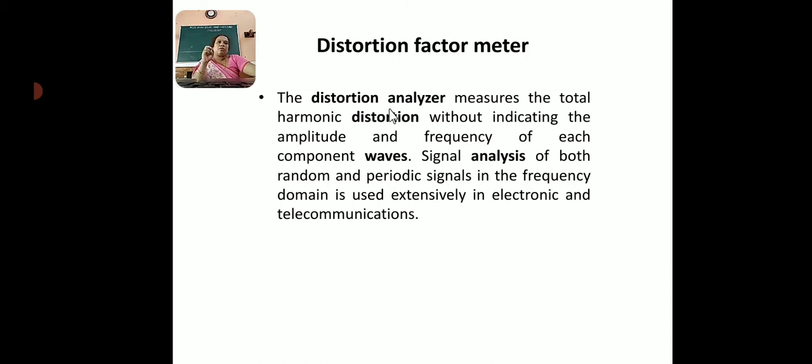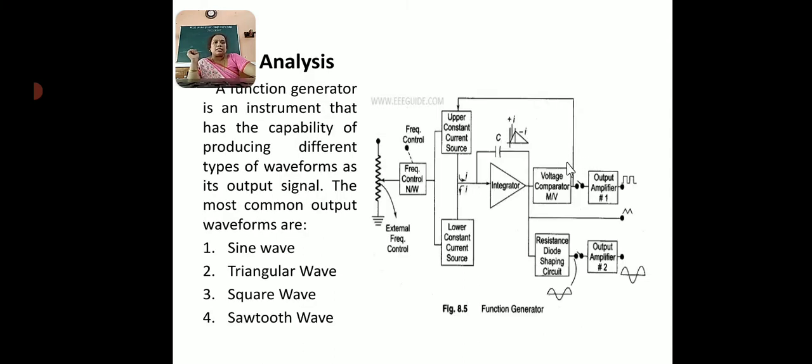Signal analysis of both random and periodic signals in the frequency domain is used extensively in electronics and telecommunications. This is the wave analysis, how to analyze the wave, and this is the circuit diagram of the function generator.